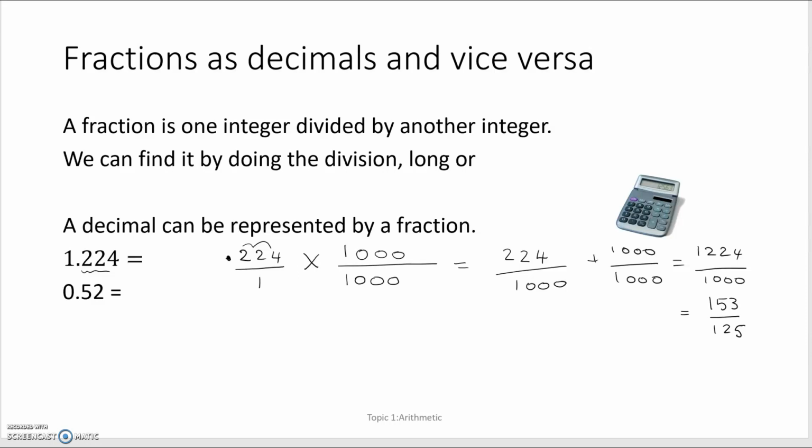If we're looking at 0.52, so we've got 0.52 over 1, and we're going to multiply the bottom by 10 times 10, because there are 2 numbers after the decimal place, and we're going to multiply the same on the top, which gives us 52 over 100, and we can simplify that.